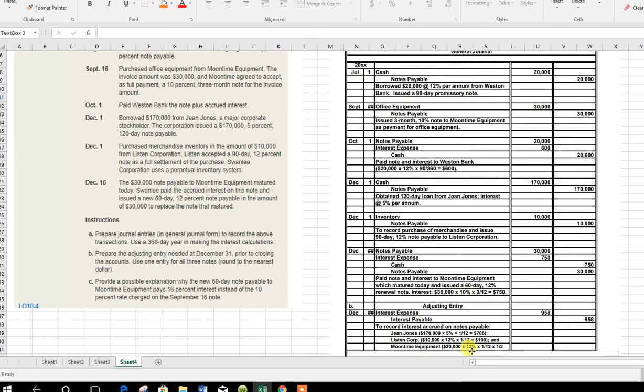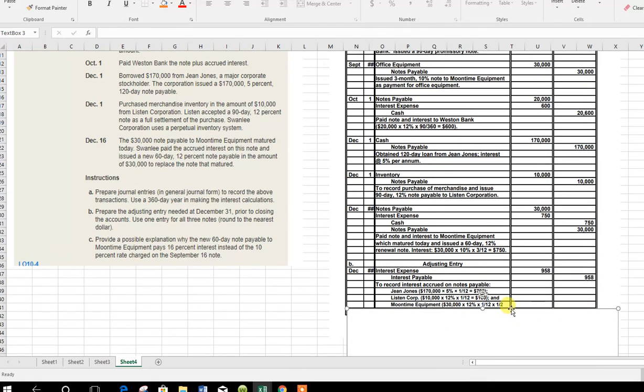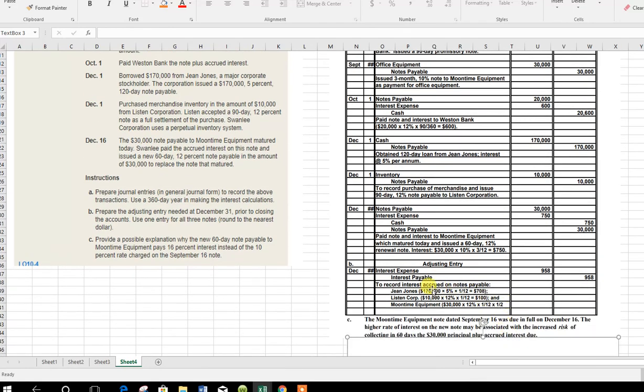So if you look at your adjusting entry, this is my 170,000, 708, my 10,000 of 100, and then the last one, they did 1/12 times 1/2. I said do 0.5/12. You get the same number. If you add the 708 plus 100 plus the amount on this one, I don't have it in front of me, but all three add up to 958. So you have interest expense and interest payable.